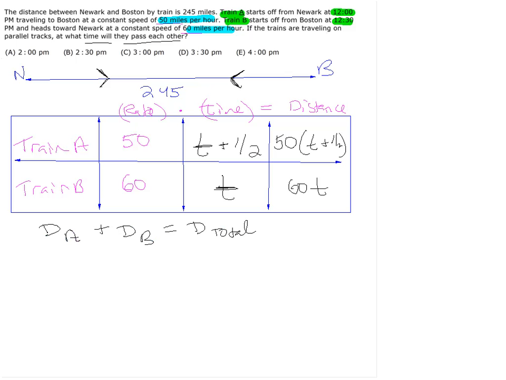We already said that the distance train A travels is 50 times t plus 25 after we distribute the 50 through, plus 60 times t, the distance that train B travels. Because the total distance between these two towns is 245 miles, we set the equation equal to 245.